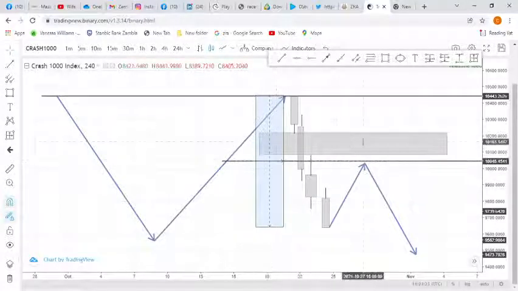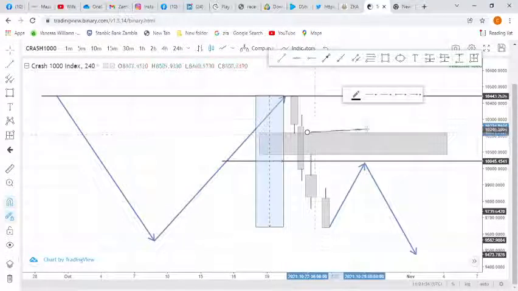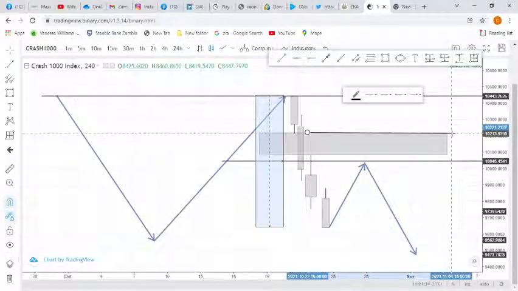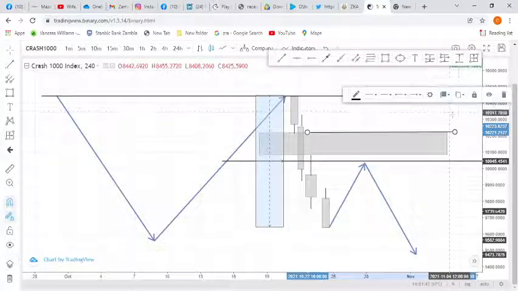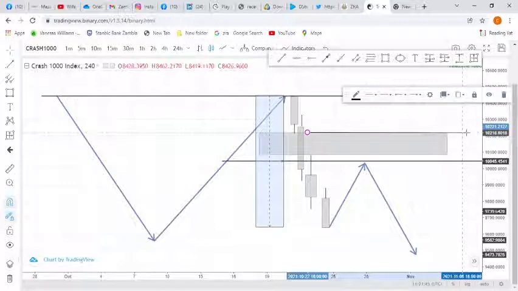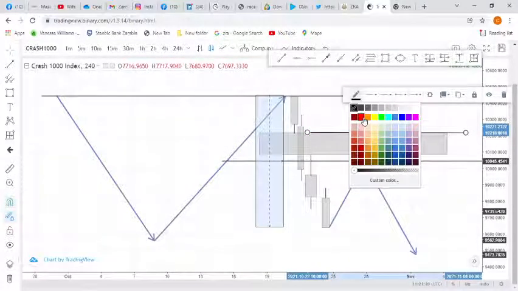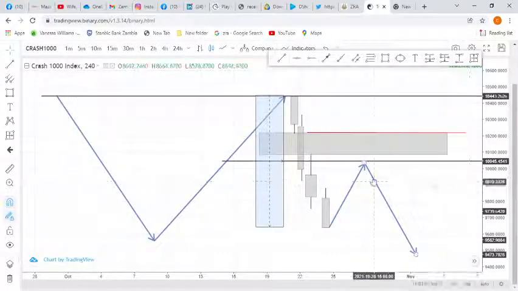This simply means imbalance is starting somewhere here. Imbalance is starting from this zone up to this zone, which simply means your stop loss will be somewhere here. A lot of people will know how to mark the 50%. There will be a lot of people waiting here.